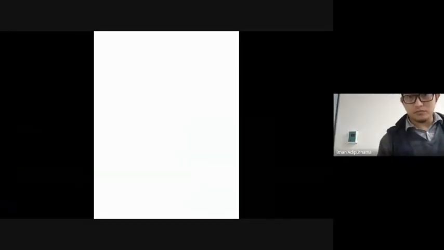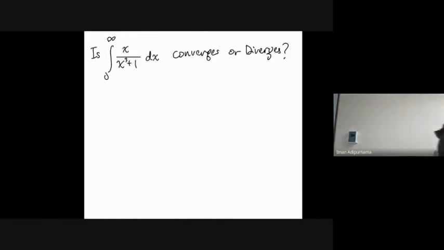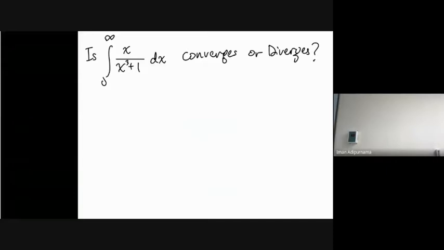Let me give you an example. Now, the question is only asking, does this integral converge or diverge?